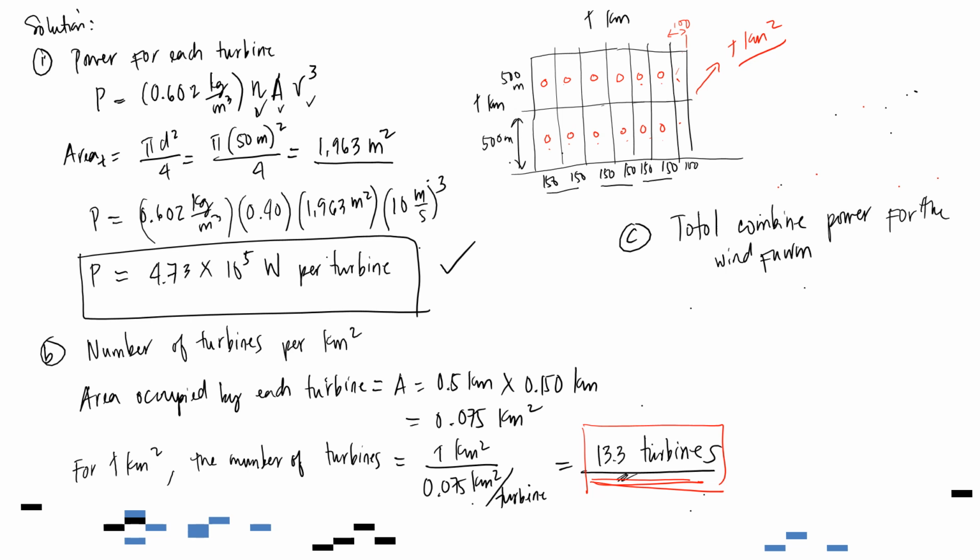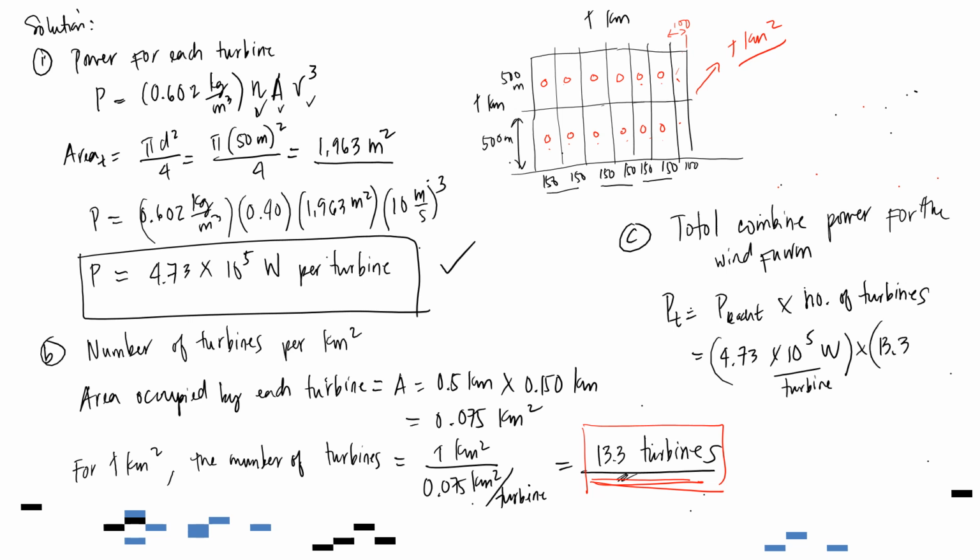So the total power is equal to the power of each turbine times the number of turbines. So we have 4.73 times 10 to the 5th watts per turbine times 13.3 turbines.